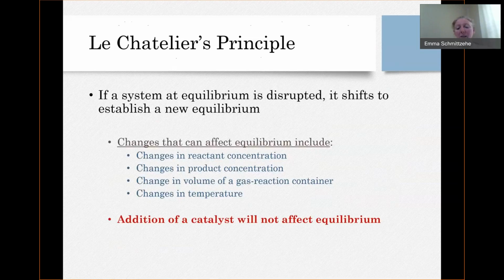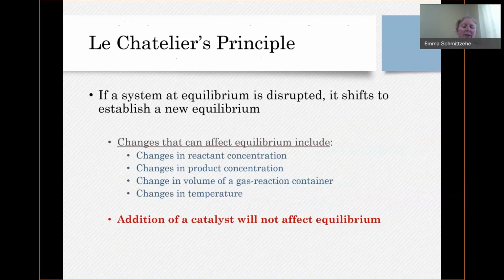A catalyst is something that speeds up the rate of a reaction, and sometimes people think that that affects equilibrium. It does not. It affects how fast a reaction reaches equilibrium. A catalyst is going to speed up how fast one direction or the other of the reaction goes. Actually, it'll speed up both, I guess, but it'll significantly speed up one of them more so, really.